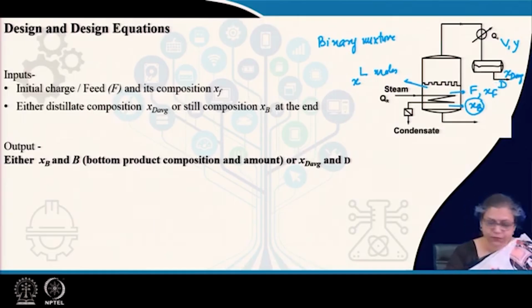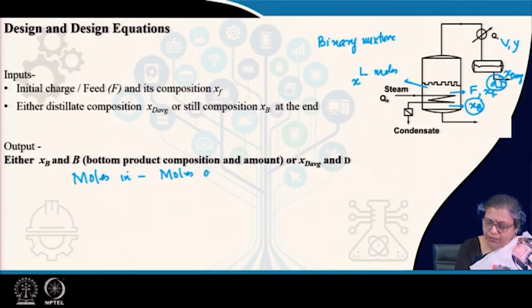At the moment we are just discussing a single stage distillation unit. Therefore, at any instant of time the amount of distillate which is collected is equal to dD, the differential of D. From the basics, I know that moles in minus moles out is equal to moles accumulated, the basic mass balance equation.